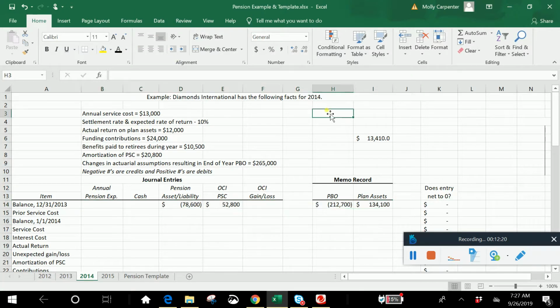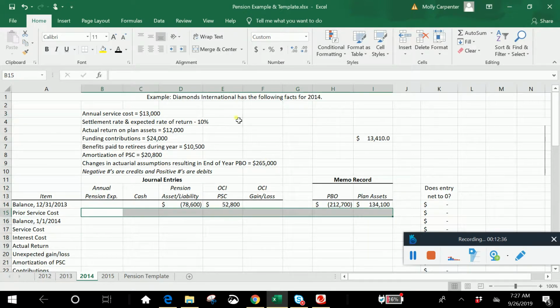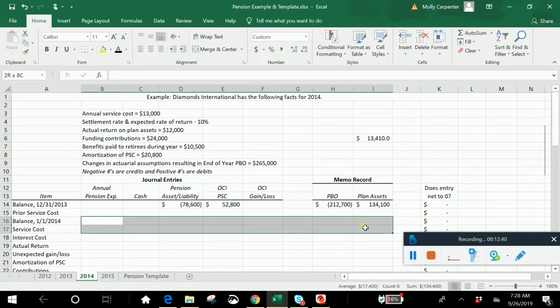What we're bringing forward is our PBO and our plan assets, and our net liability for our pension, and then the OCI balance. So we have the following facts for 2014. No additional amendments that would increase or decrease prior service costs, so nothing is going to go there. Our balances are going to carry forward appropriately.